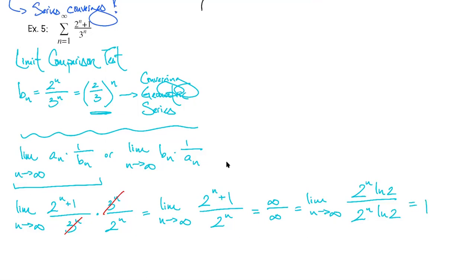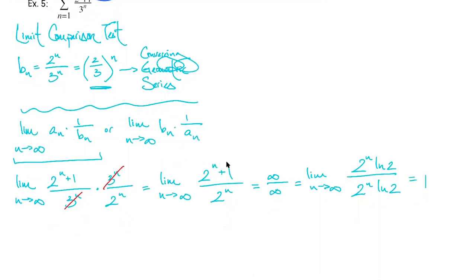Okay. So L'Hopital's definitely is a lifesaver when we're looking at not just improper integrals, but also in terms of sequences and series, it's very, very helpful. Now, there are some of us who maybe thought about this graphically or numerically, and can tell that this 2 to the n totally overpowers the 1.